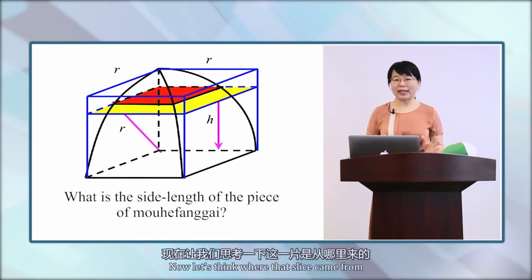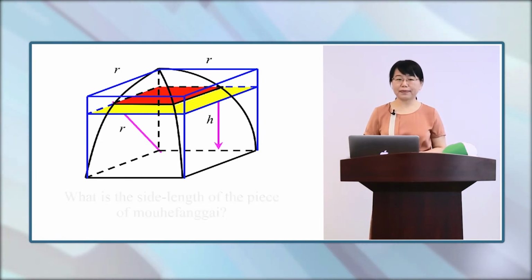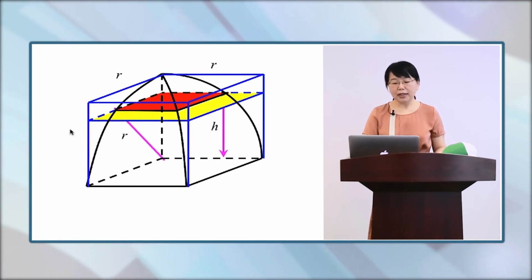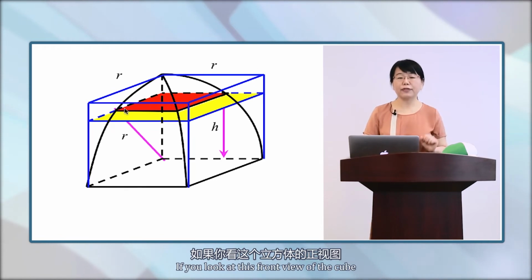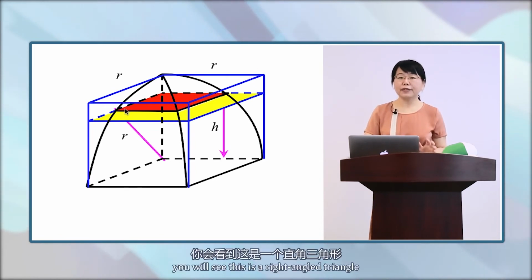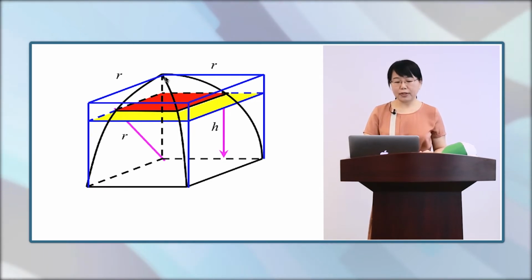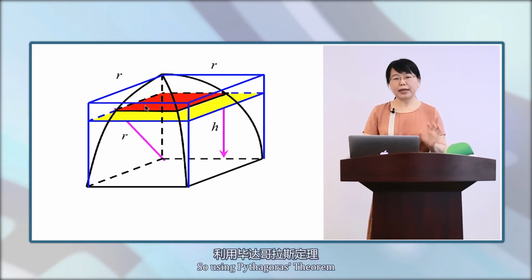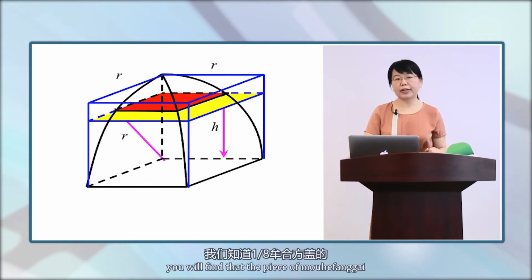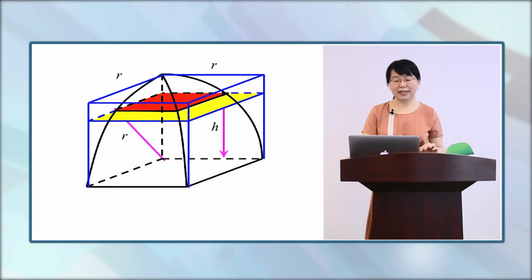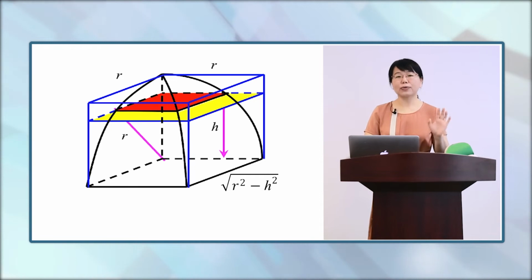Alright, now let's think where that slice came from. If you look at this front view of the cube, you will see this is a right-angled triangle. So using the Pythagorean theorem, you will find that the Mohe fungi square has side length the square root of r squared minus h squared.